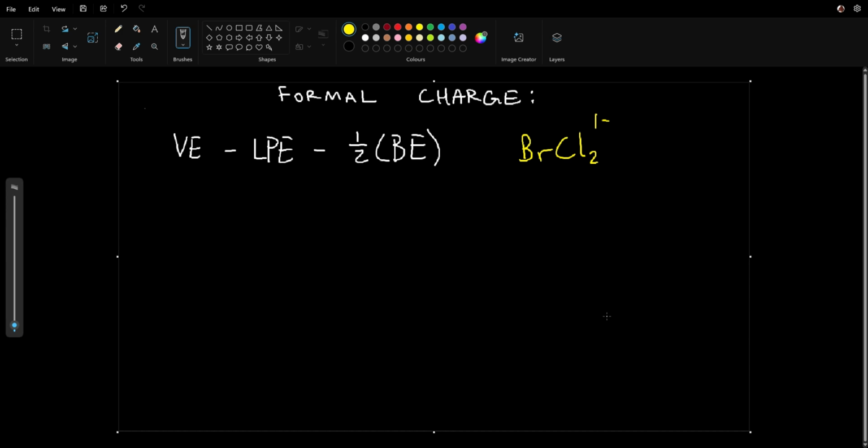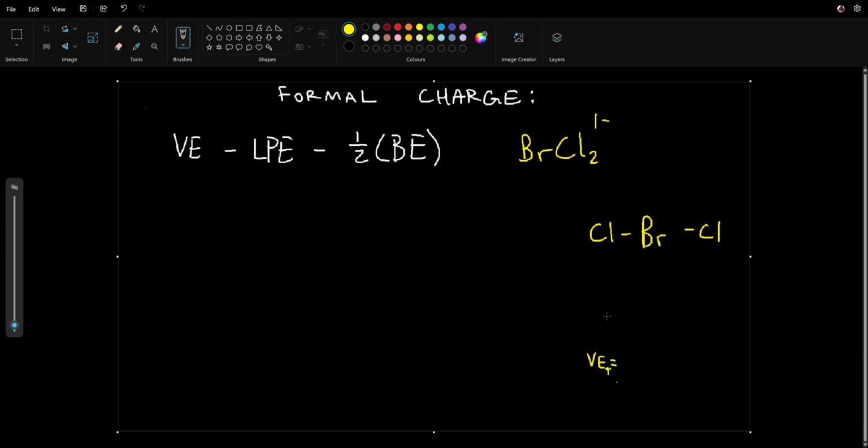If you look at your periodic table, you will see that it is 2.96 on bromine versus 3.16 on chlorine, which means that bromine is going to be our central atom. So if we take bromine, and like I said, you can always just do a rough sketch, chlorine and chlorine.